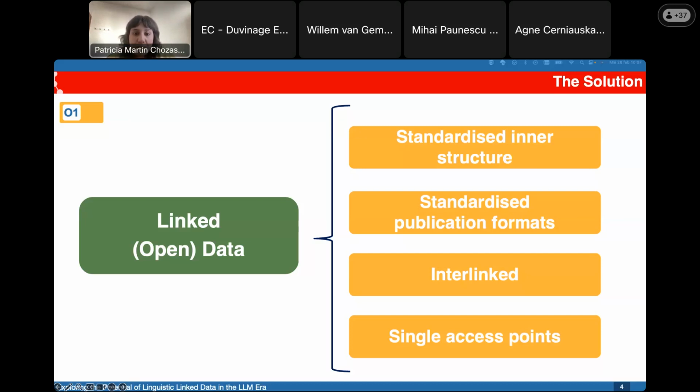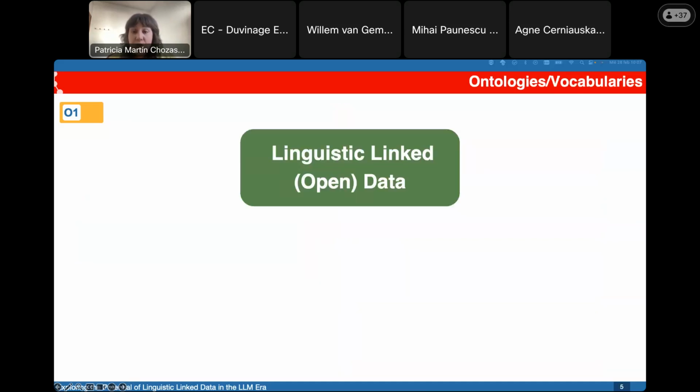Following this linked data paradigm, resources can coexist in the same space and can be easily accessible from a single access point, since they can be interlinked. So language data publishers took advantage of these benefits, launching the initiative of the Linguistic Linked Open Data.